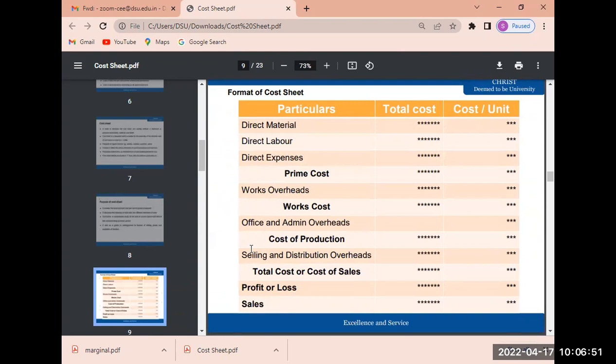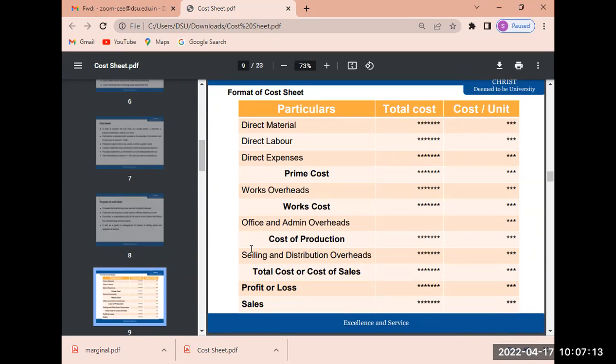The specimen that we are seeing here is the simple cost sheet. Look at this. Particulars, total cost, cost per unit. First one, direct material. To produce 10,000 units of output of this particular product, how much material am I directly using? Direct material, I already told you.